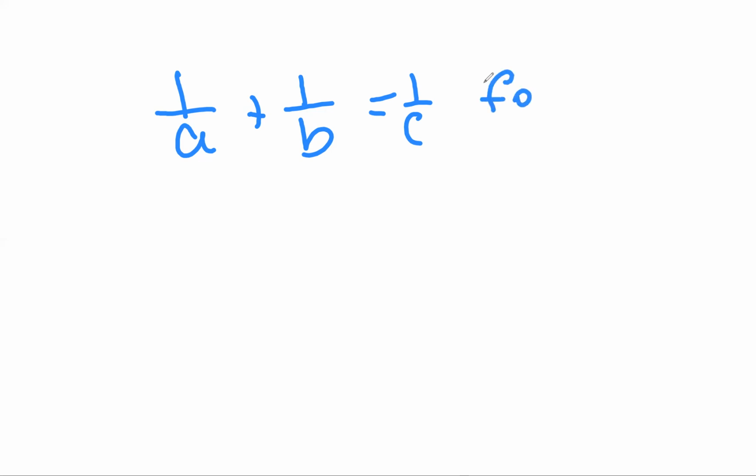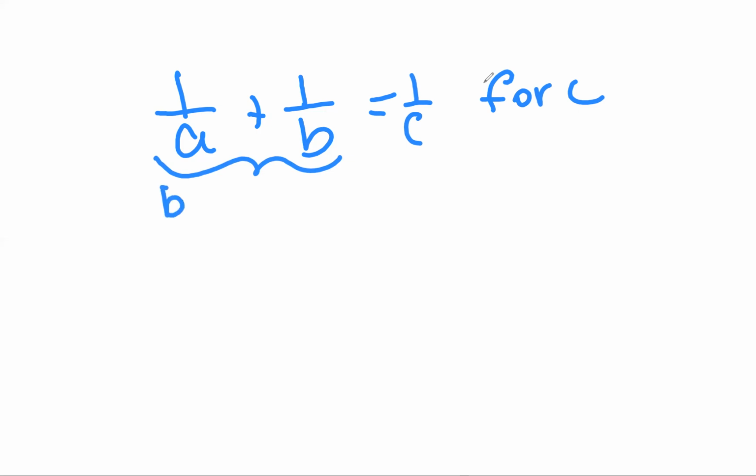All right, I could have something like fractions where I have 1 over a plus 1 over b is equal to 1 over c. There are a couple of ways that you could work that problem. If I said I'm going to solve this for c, I could look at the first part of it and add these fractions together, finding a common denominator.